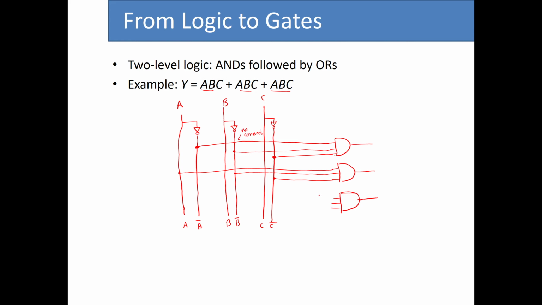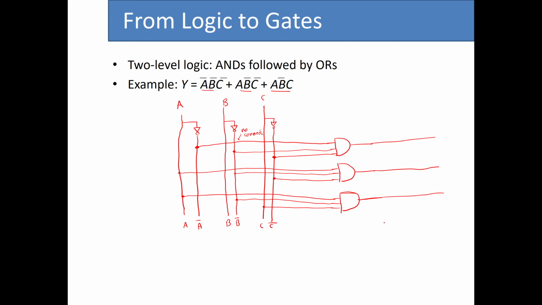And then finally, for the last term, we have A, B bar, sorry, it should be B bar. B bar, and then finally we have C.